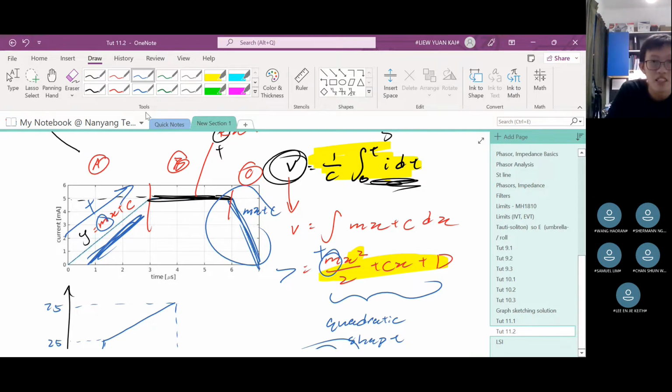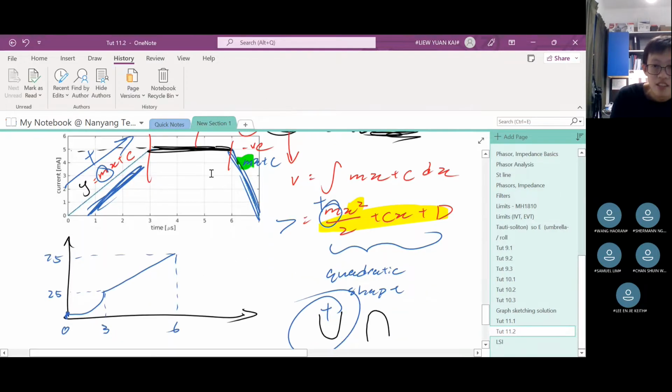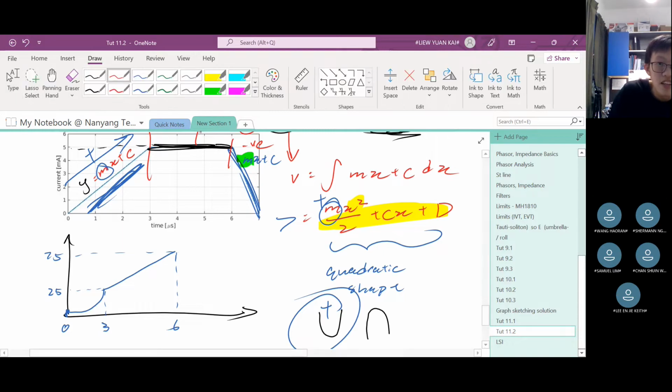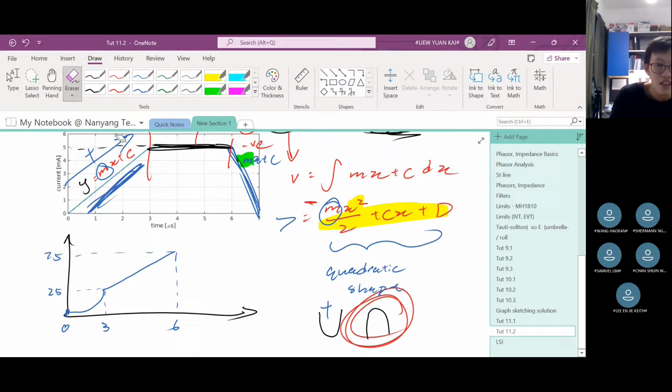Downward sloping means this m is actually a negative value, right? So that means the coefficient of the x squared term is negative. Hence, the quadratic shape will be this one now, okay? Not the smiley face, it will be the sad face now.